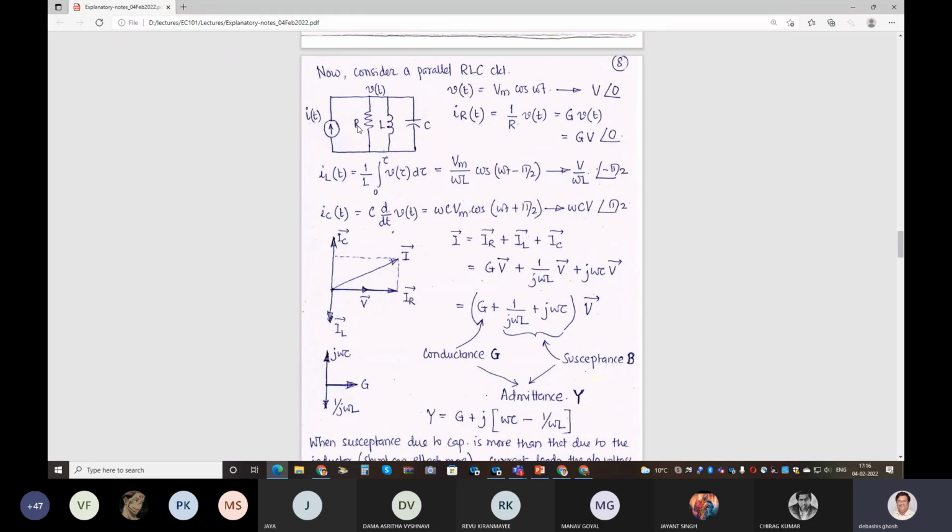Depending on your R, L, and C, your VT value will get adjusted such that the sum of these three currents is equal to your constant IT.